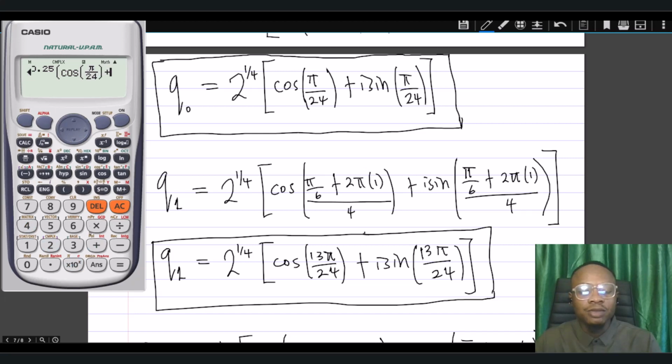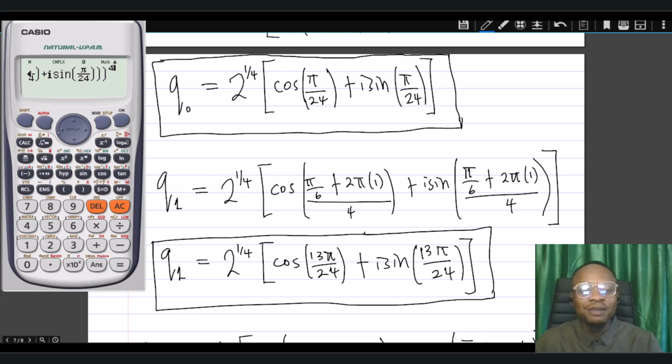Then we have plus I. So this is how to enter I. Then multiplying sine of the same argument, pi divided by 24, pi here, and then divided by 24. Then we come out here and close this bracket. We close the second bracket there as well. Then we close the last bracket. Then we raise everything here to the power of 4. So let's see what that gives us.